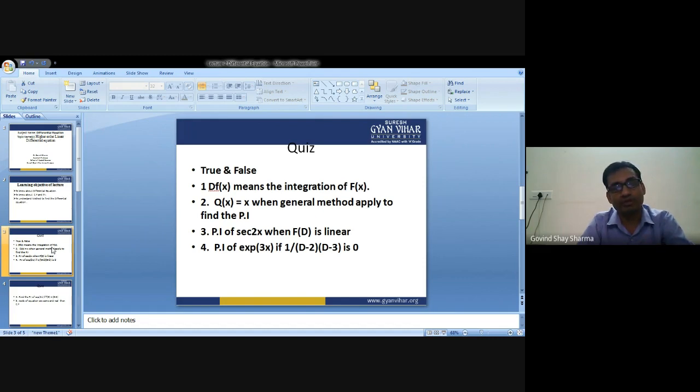It expands as a series in D, and D means differentiation of x, until x to the power m, m the degree of x. So we differentiate and expand till n. So I think this is false, because Q(x) is equal to x, can we apply the special case?